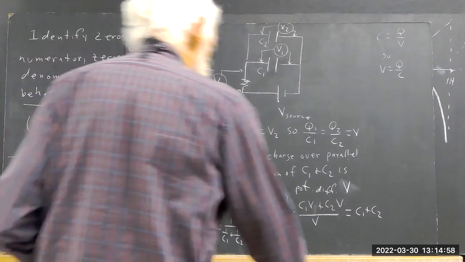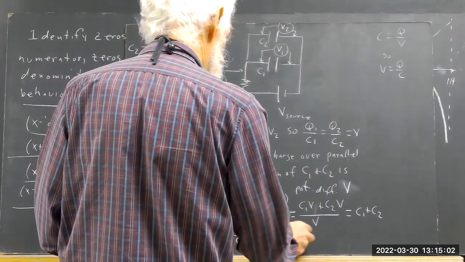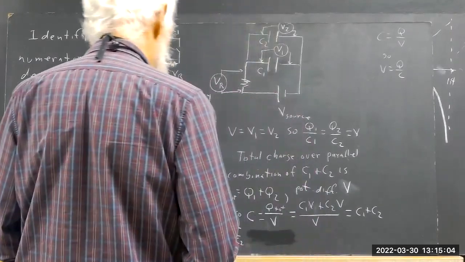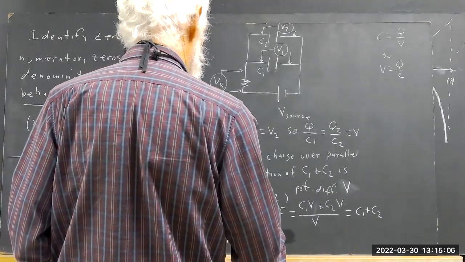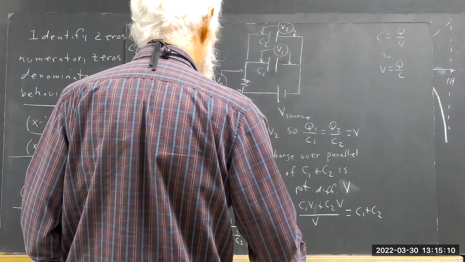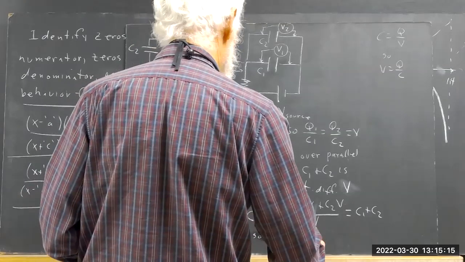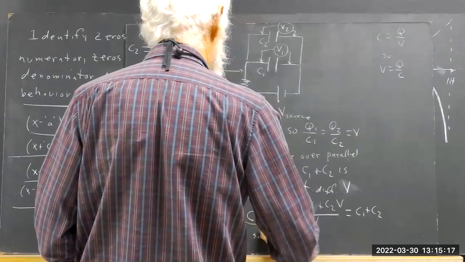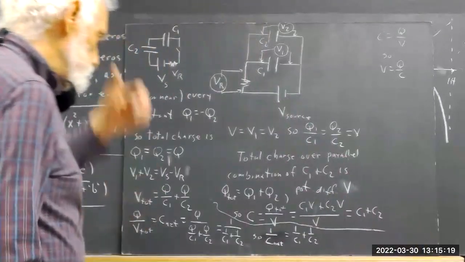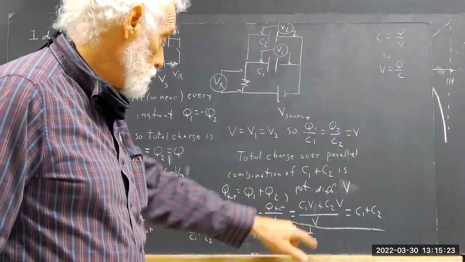So 1 over the net capacitance is 1 over C1 plus 1 over C2.